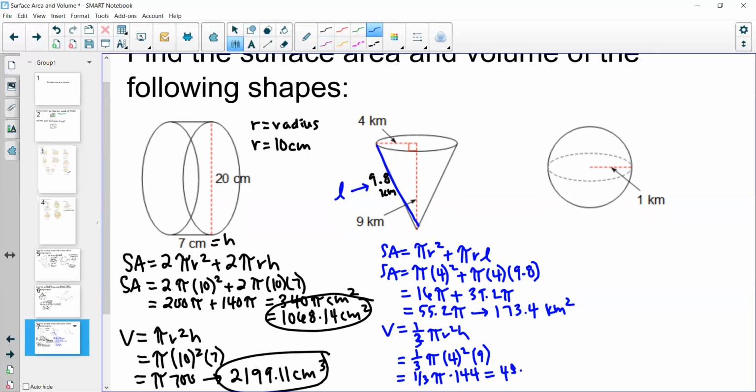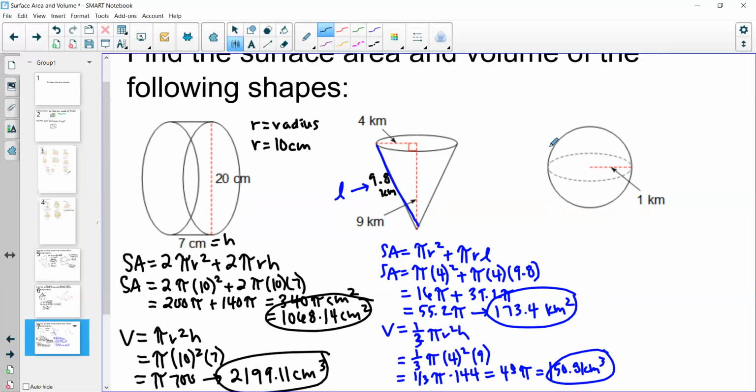So we have 48 pi, which can also be rewritten as 150.8 kilometers cubed. Now this cone is a huge cone. Remember a kilometer is about 0.6 miles. Humongous, but that really does work out there.